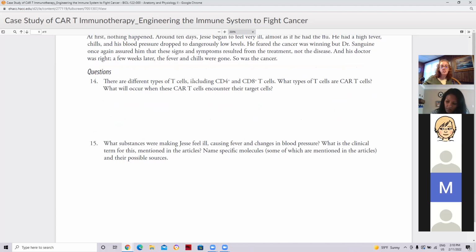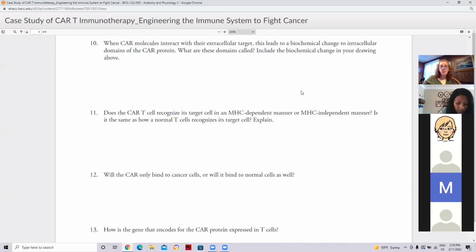There are different types of T cells, including CD4, remember those are helper cells, and CD8 cells. What types of T cells are CAR T cells? What do you think they are? Are they helper T cells, or are they cytotoxic T cells? Look back at this.